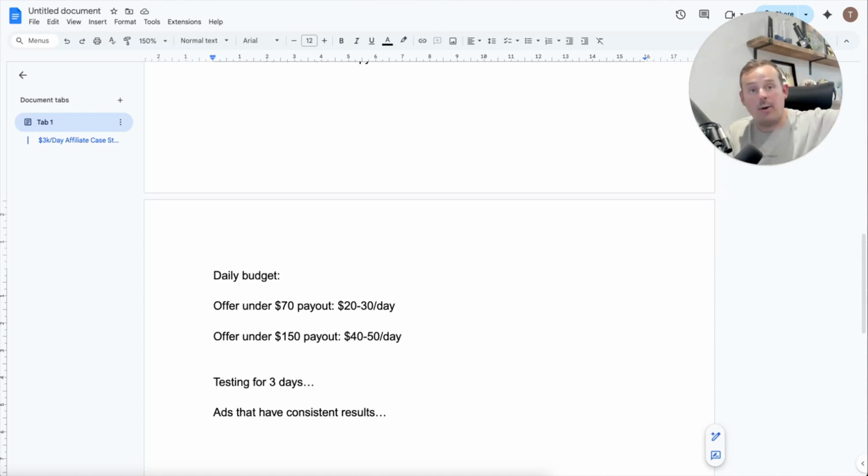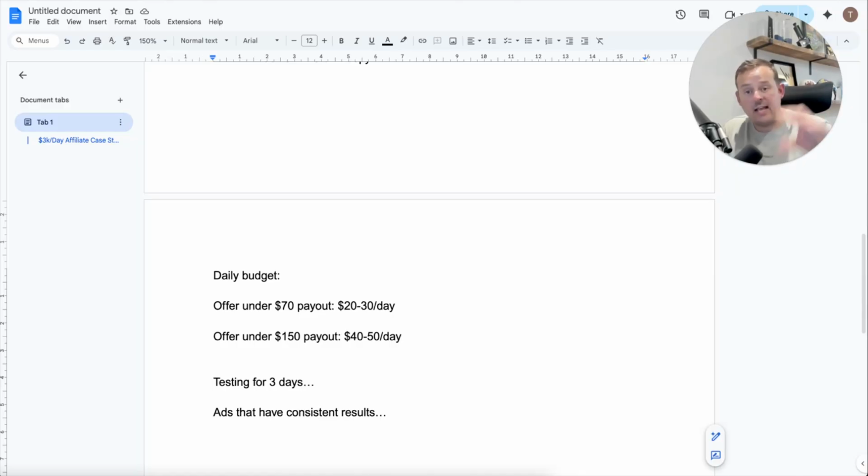Both have good ROAS, but for me, one ad has 8 sales in day 1, no sales day 2, no sales day 3, 2 sales day 4, no sales day 5, right?